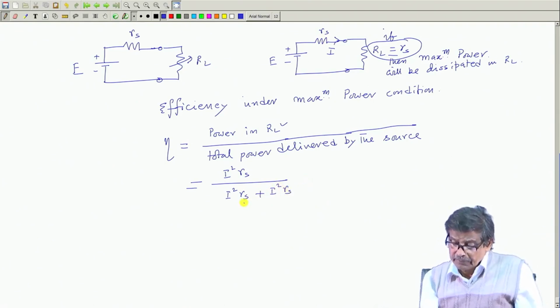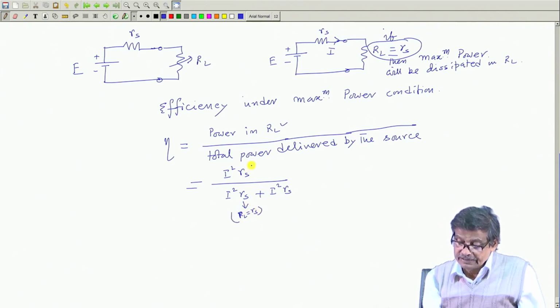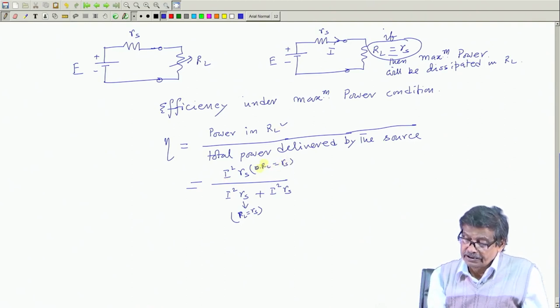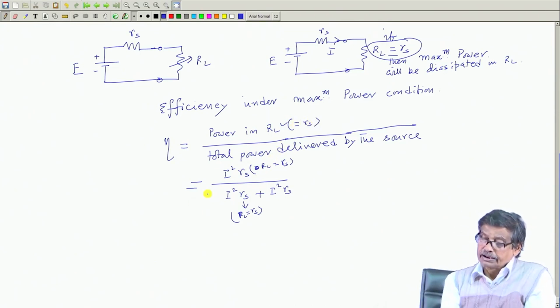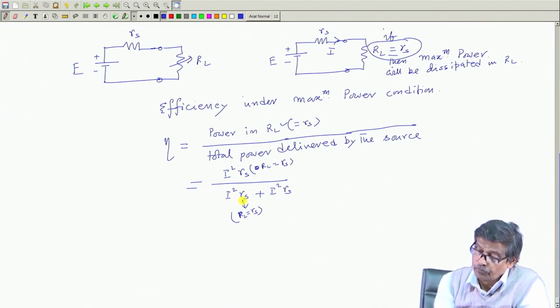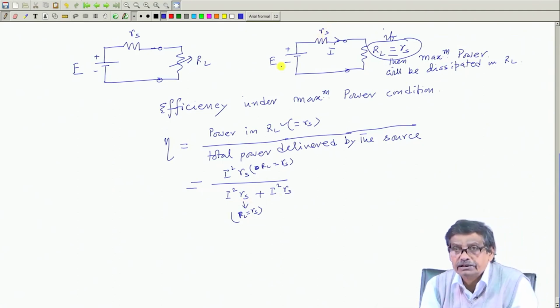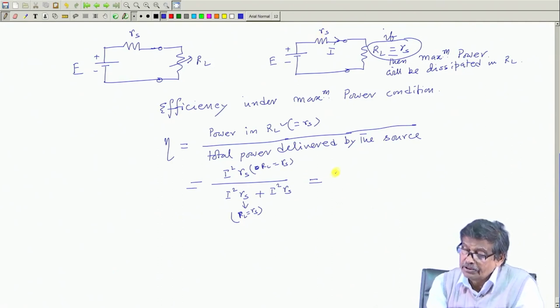So, mind you, this R_S I have put R_L equal to R_S, is the power in R_L when R_L equal to R_S, that is what I am meaning. So, I square R_S is the output power, and input power is this output power plus the power loss in this resistance, that is the total power delivered by the source, and this will become equal to half or 50% in percentage.